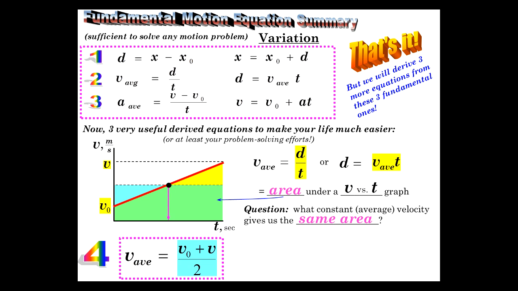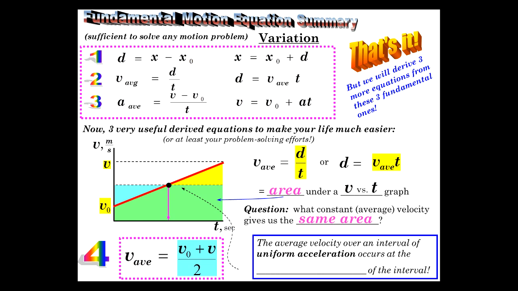And this particular point right here, if you consider where in time this is, you'll recognize that it's at the time midpoint, which is what I mentioned the last part of the first video. So the average velocity over an interval of uniform acceleration, which is what this is, occurs at the time midpoint of that interval.